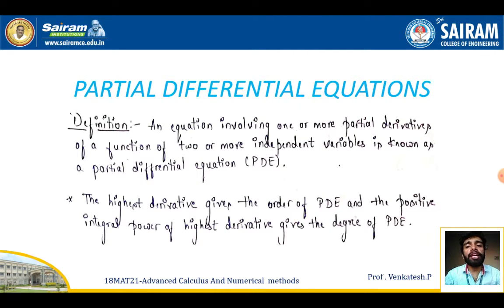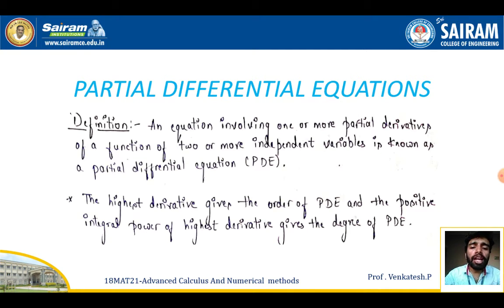So first let me define what is meant by partial differential equations. An equation involving one or more partial derivatives of a function of two or more independent variables. So in the sense, the same dependent variable will be having two or more independent variables here. So it is known as a partial differential equation, or we can call it a PDE also.